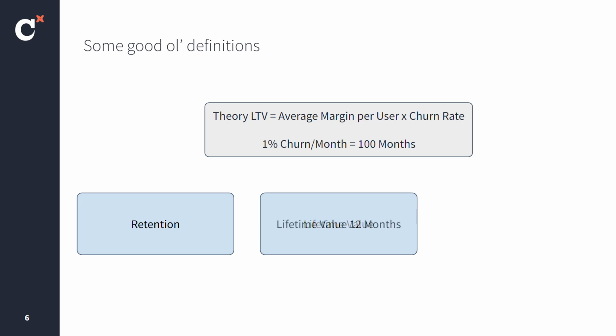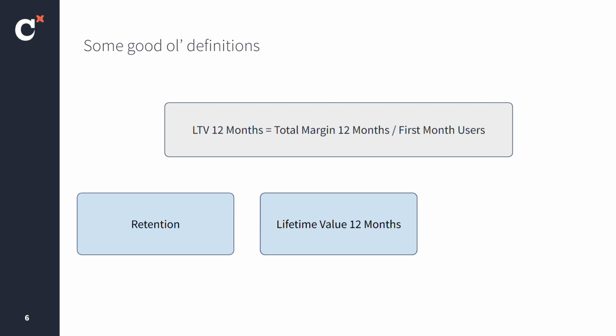And instead, when we are talking about LTV, what's happening behind that is that we are actually looking at a capped version of LTV, where we are trying to look at the total margin that we are having over the first year. The way that we calculate this is very simple: we sum all the margin for the first year, and then we divide that by the count of the initial people that transacted at the beginning of the cohort, right?